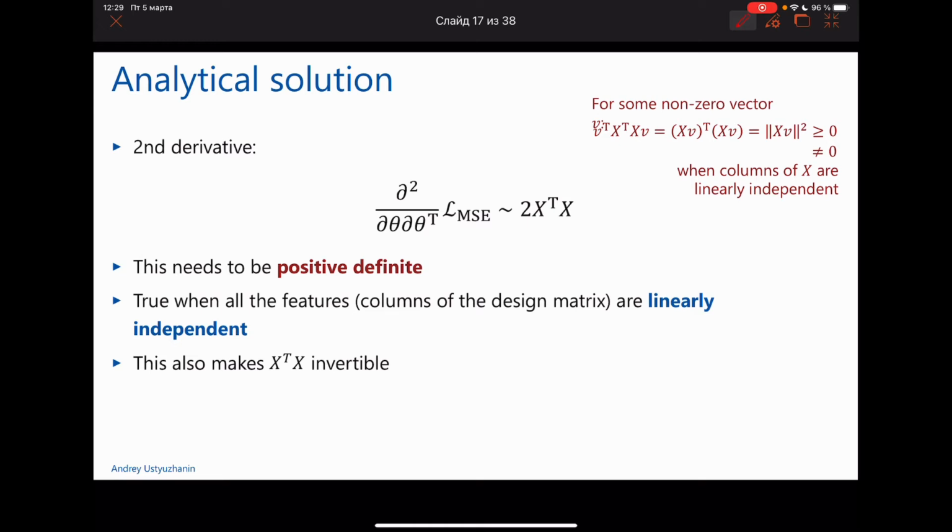So when we write the second derivative, it is equal to this. So it's true when all features or columns of the design matrix are linearly independent. And by the way, this condition also makes our matrix X transposed X invertible.